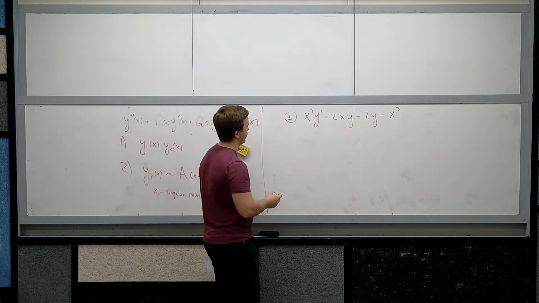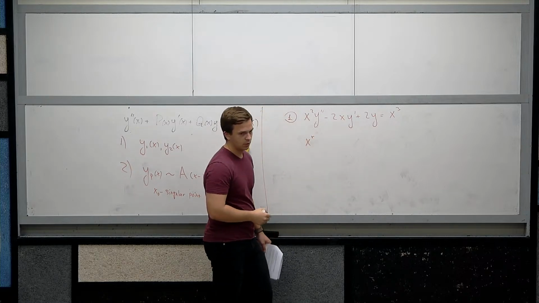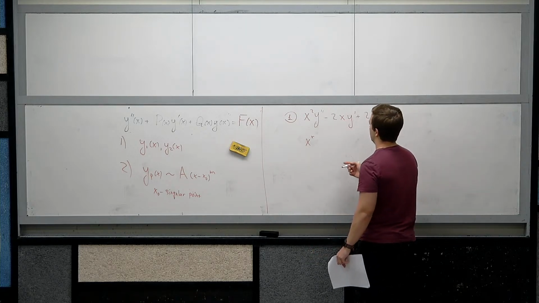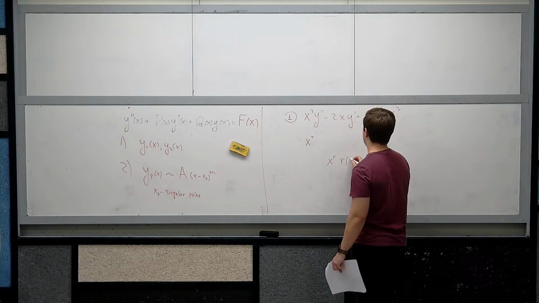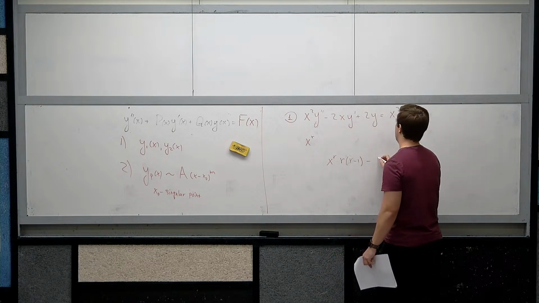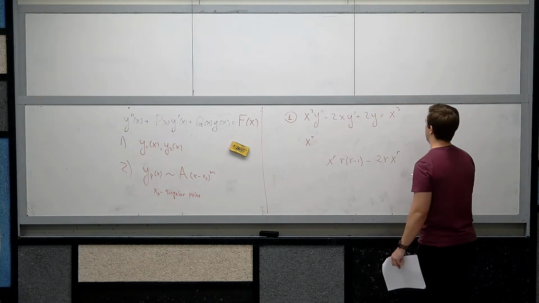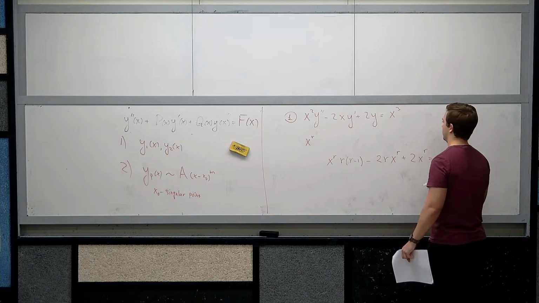So we can try to find the solution in this form. We just plug this solution into the homogeneous equation, and what we will get: x to the r times r squared minus r minus 2r x to the r, plus 2 x to the r equals 0.